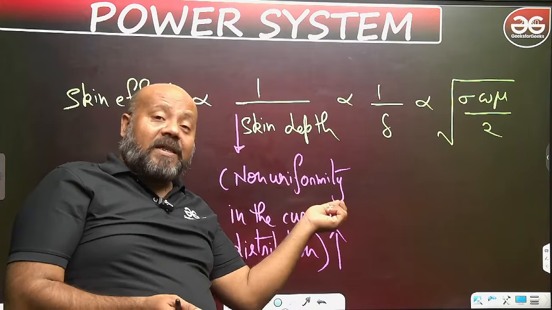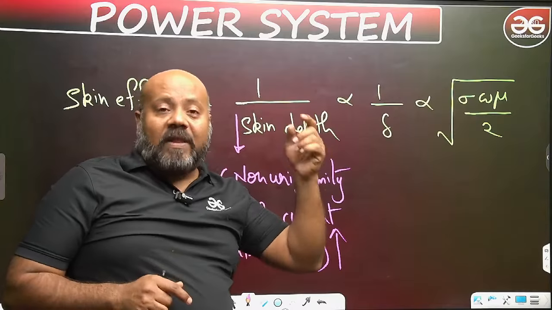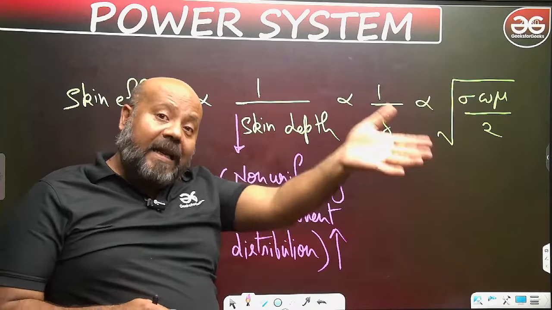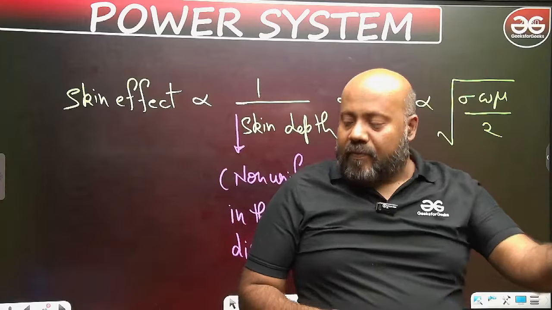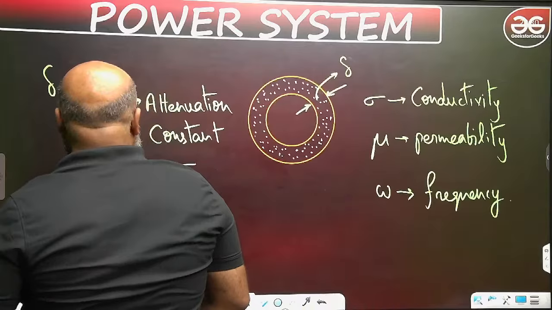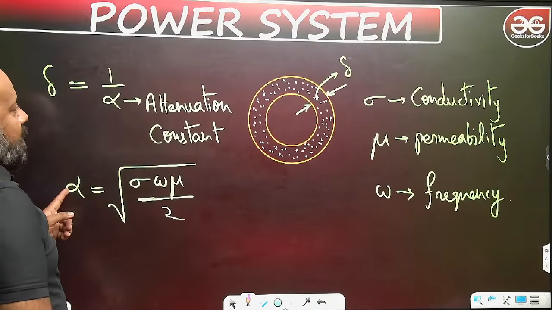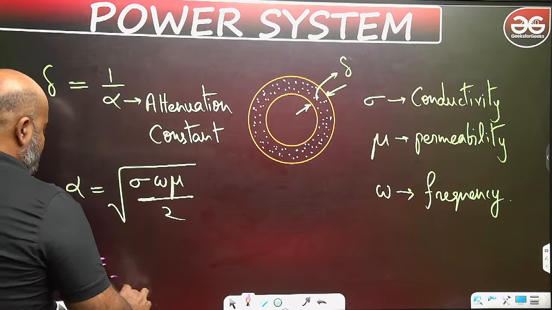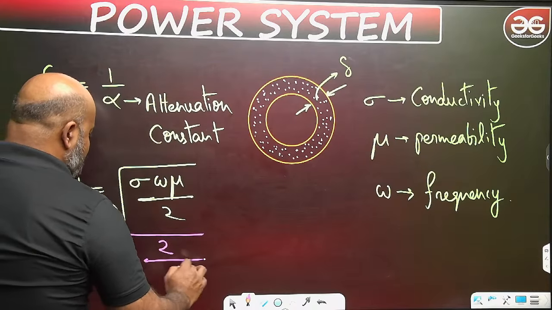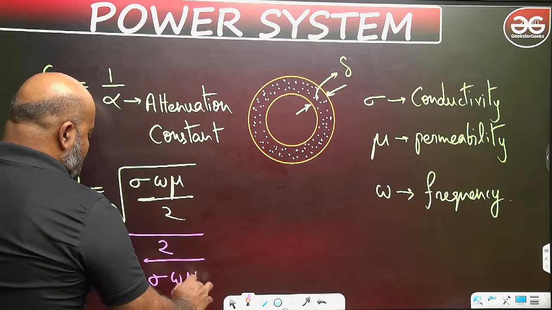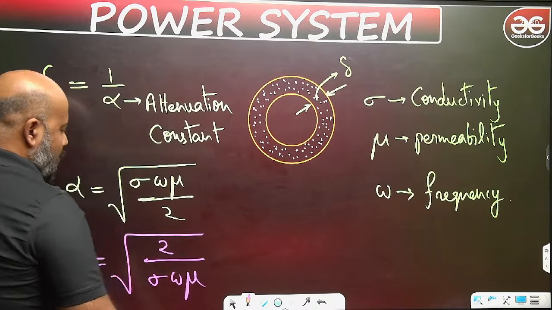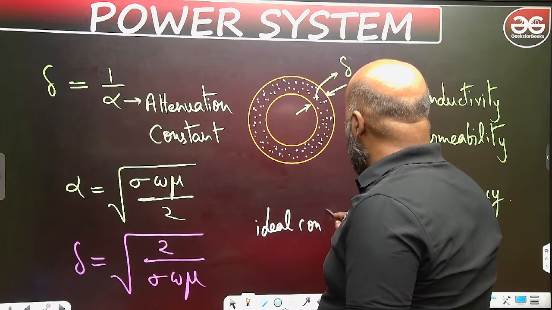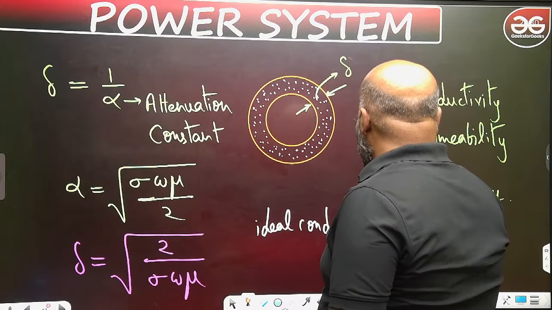And suppose skin depth is 0. If the skin depth is 0 and it is for an ideal conductor, you are saying skin depth is inverse of alpha. Alpha is this. So what is del? Del is under root 2 upon sigma omega mu. Now if you have an ideal conductor, that means conductivity is infinite.